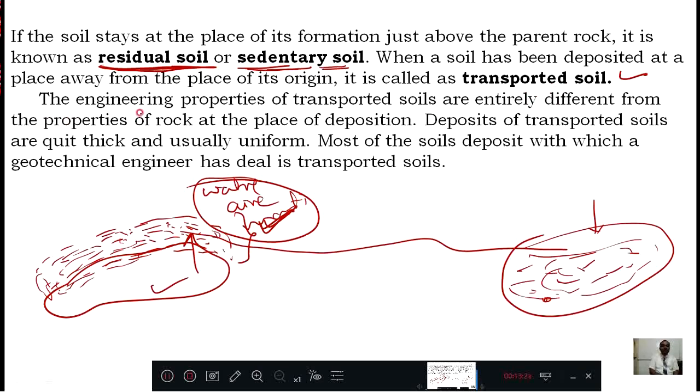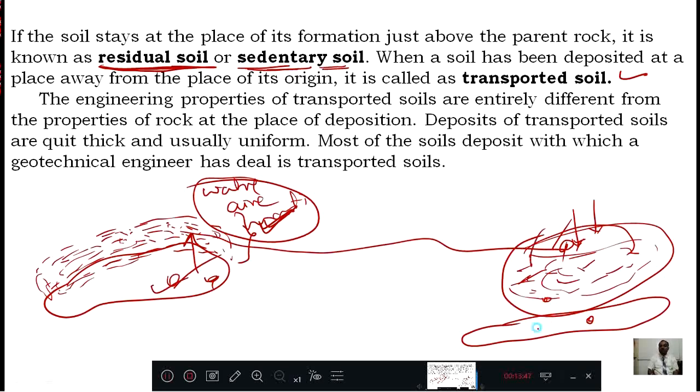Understood? The engineering properties of transported soils are entirely different from the properties of the rock at the place of deposition. Its properties and the properties of the rock below it will be completely different, because this soil is a son or daughter of another rock.